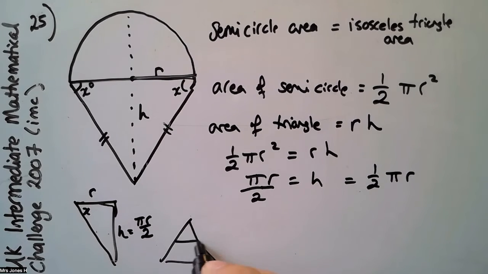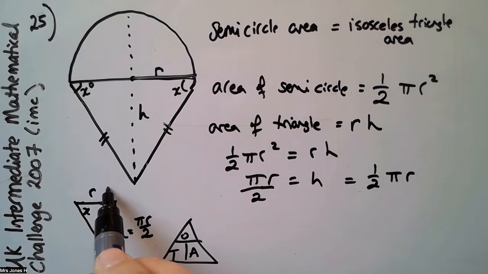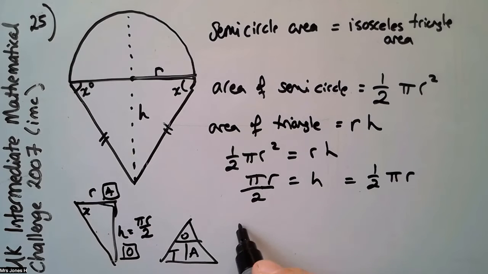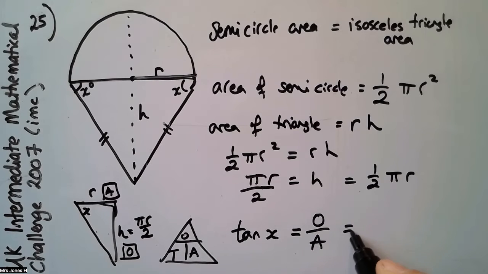So using our TOA triangle or our tan, this is our adjacent. Make sure you get it the right way around. This is your opposite. So tan x is going to be the opposite over the adjacent.